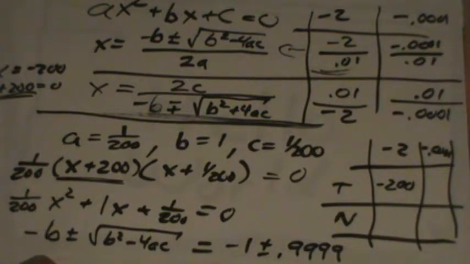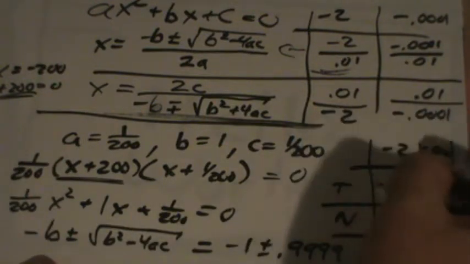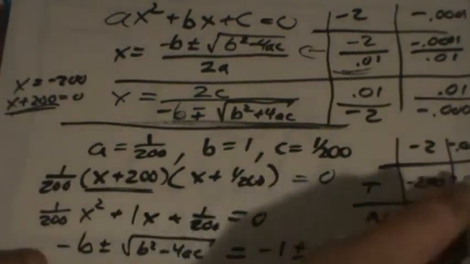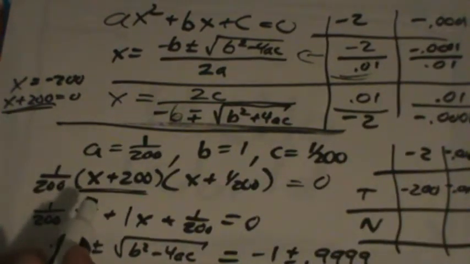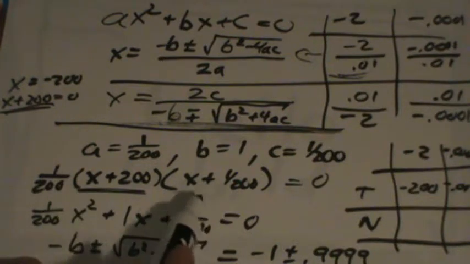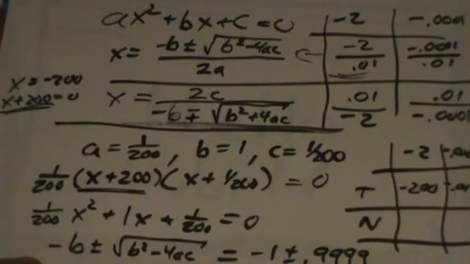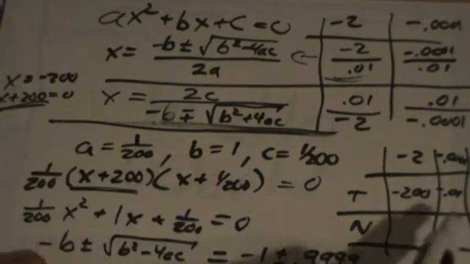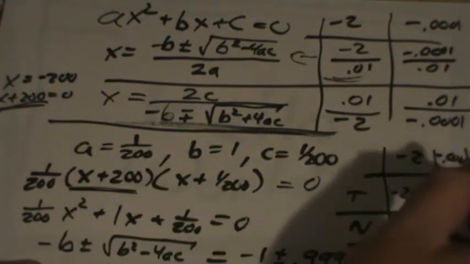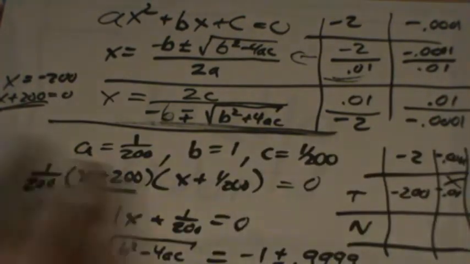Now, if you think about this, that means this corresponds to x plus 0.01. But that's x plus 100th. I should have gotten x plus 1/200th. So this is off by a factor of 2. It's twice as big as it should be in magnitude. This is really bad. This one's good.